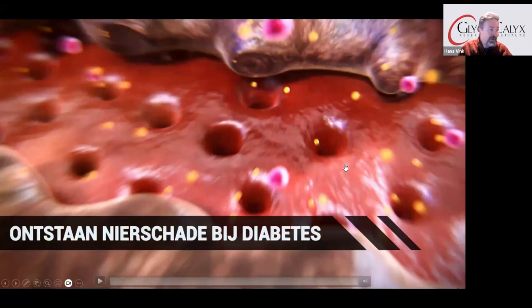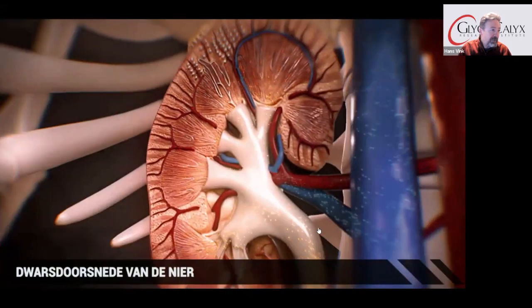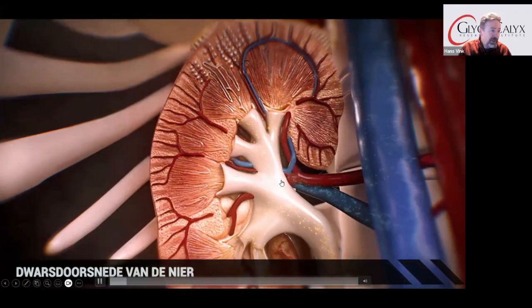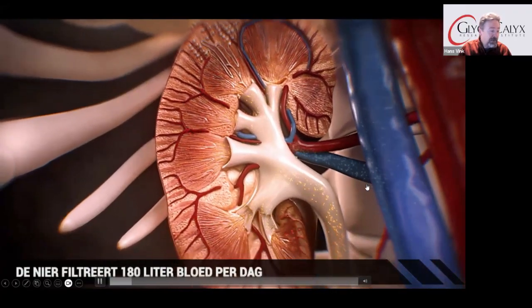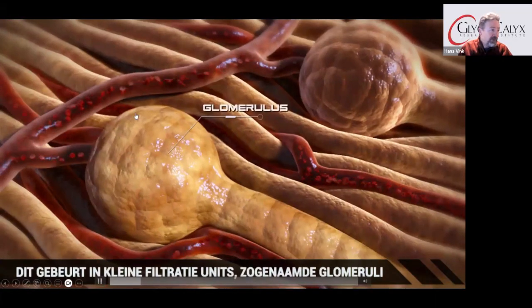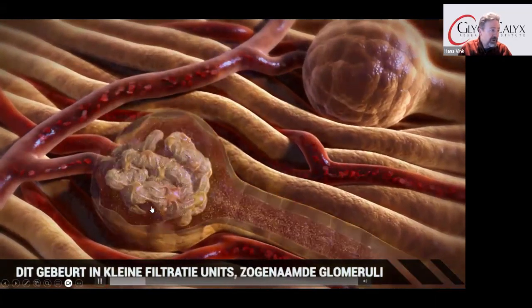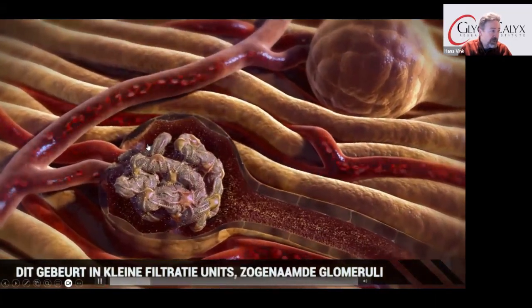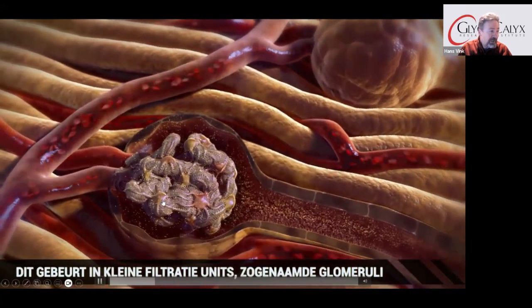So this tells you a little bit about the development of kidney damage in diabetics, and it shows how blood flows into the kidney. So we have arterial flow into the kidney, venous flow out of the kidney, and then if you zoom in on the glomerular units, this is a glomerular unit with a capillary flowing into it. And this is the outside of that capillary with the podocytes.